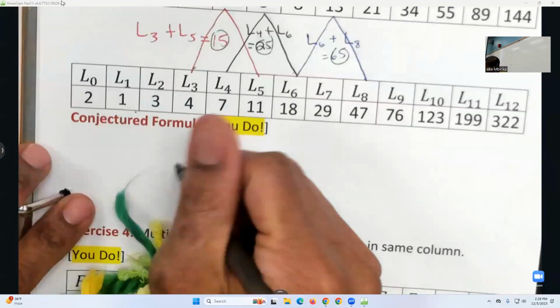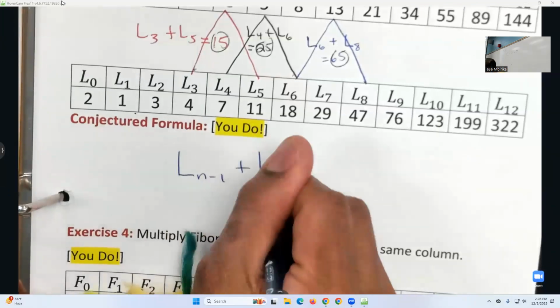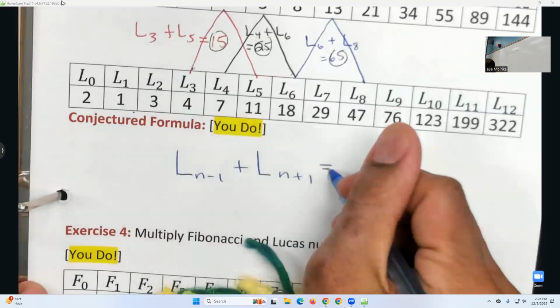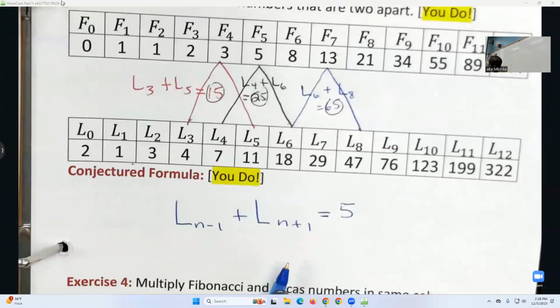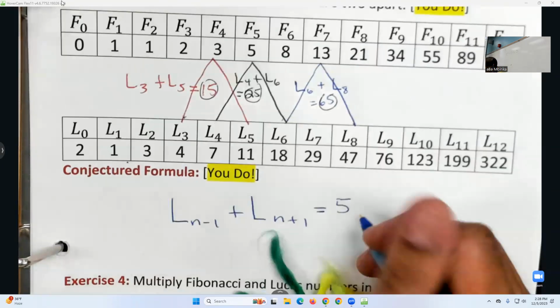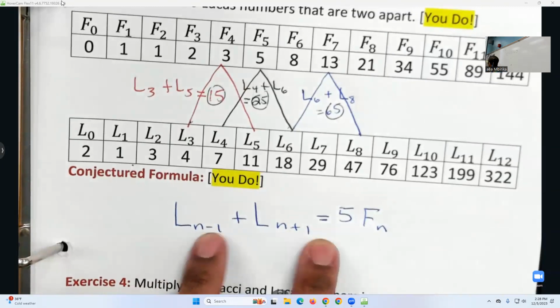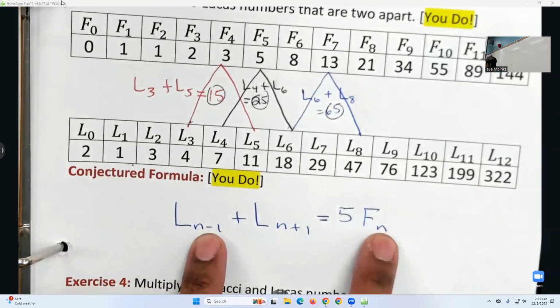So we have two Lucas numbers that are two apart, L(n-1) and L(n+1). Group work says that we get 5 times F(n). The subscript n is in between n-1 and n+1.